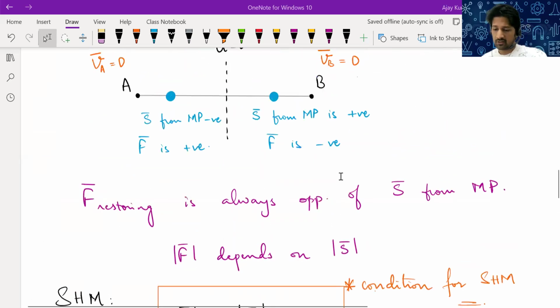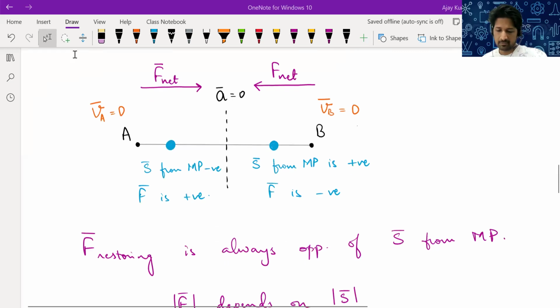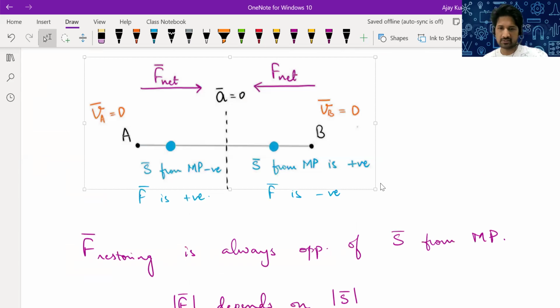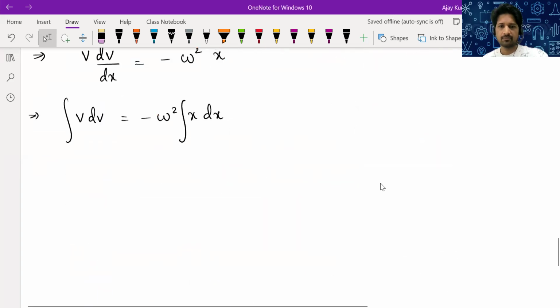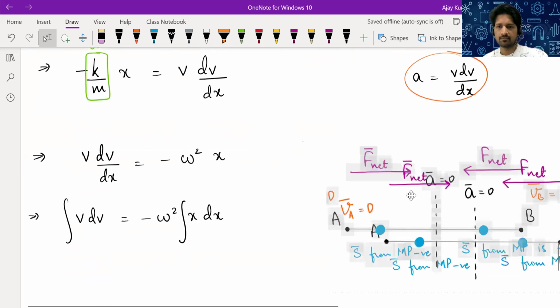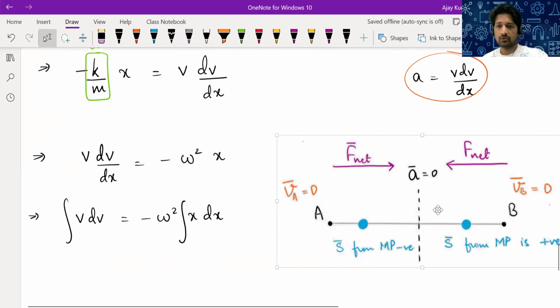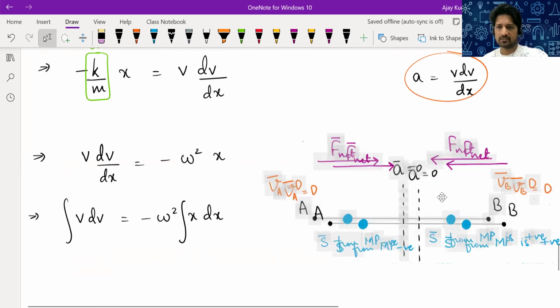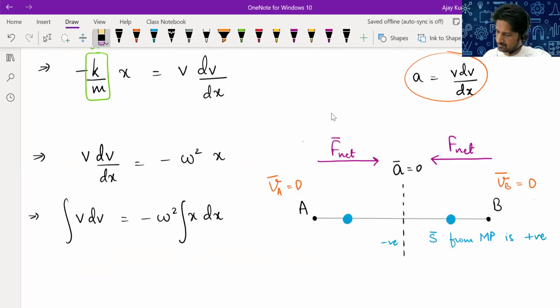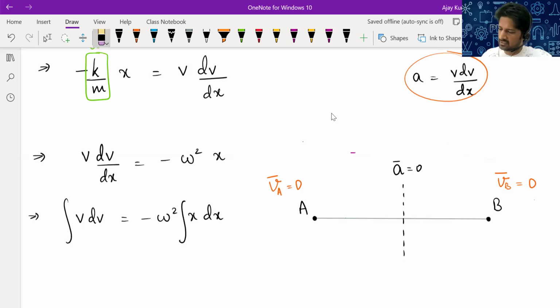We know that the velocity of the oscillating system is zero at the extreme positions. So we are going to use that as one of the limits. Whether it's the positive extreme or the negative extreme, we know that the velocity there is zero.